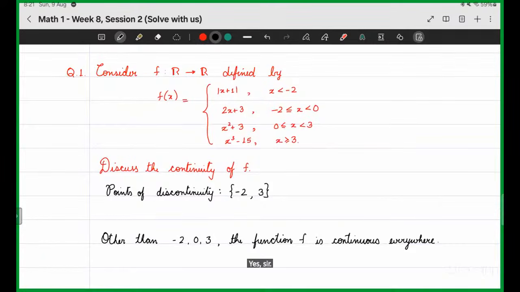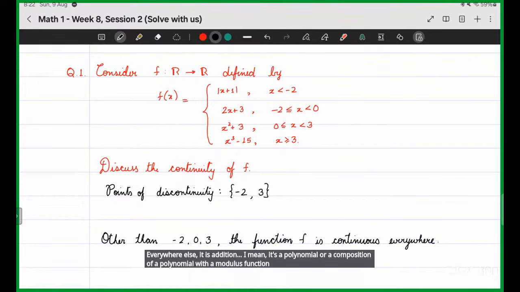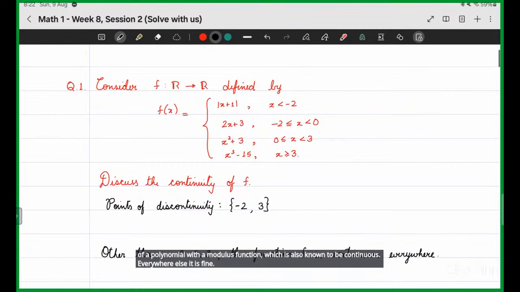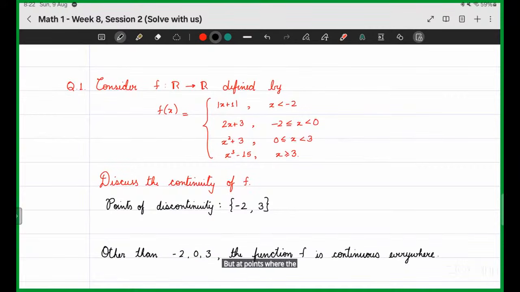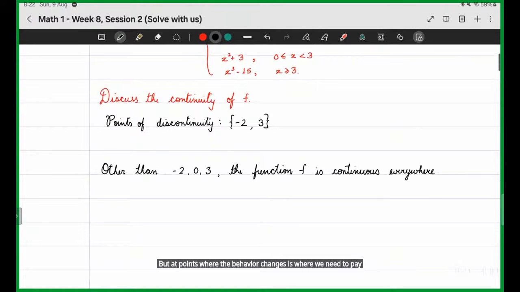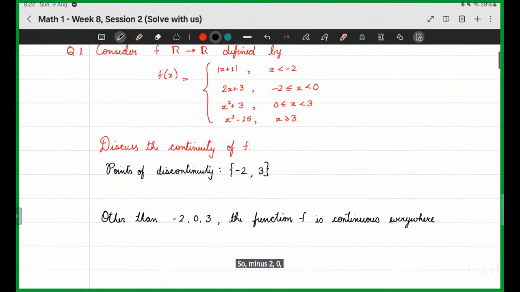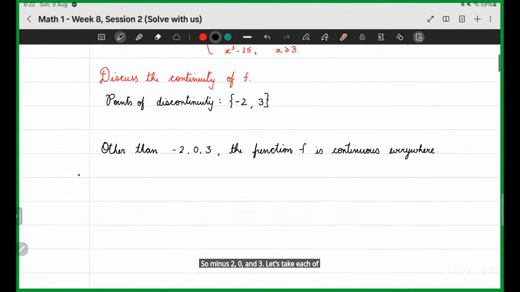Because everywhere else, it's a polynomial or a composition of a polynomial with a modulus function, which is also known to be continuous. Everywhere else, it is fine. But at points where the behavior changes is where we need to pay attention. So -2, 0, and 3. Let's take each of them and solve it one by one.